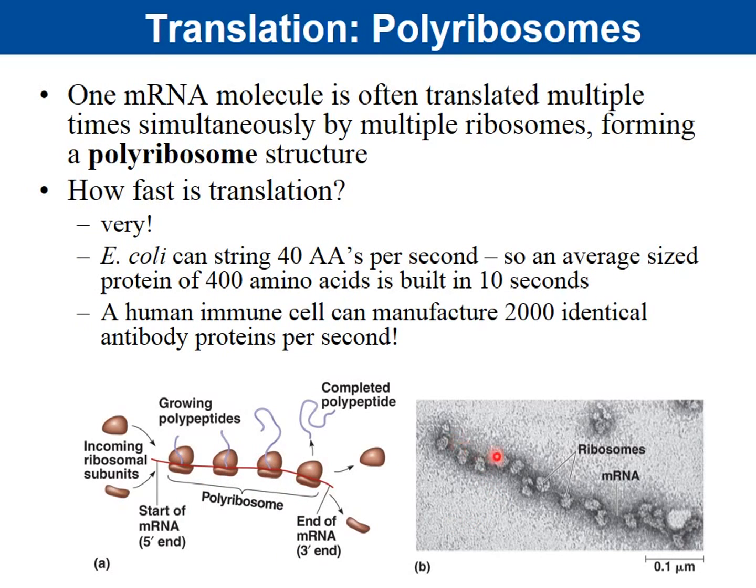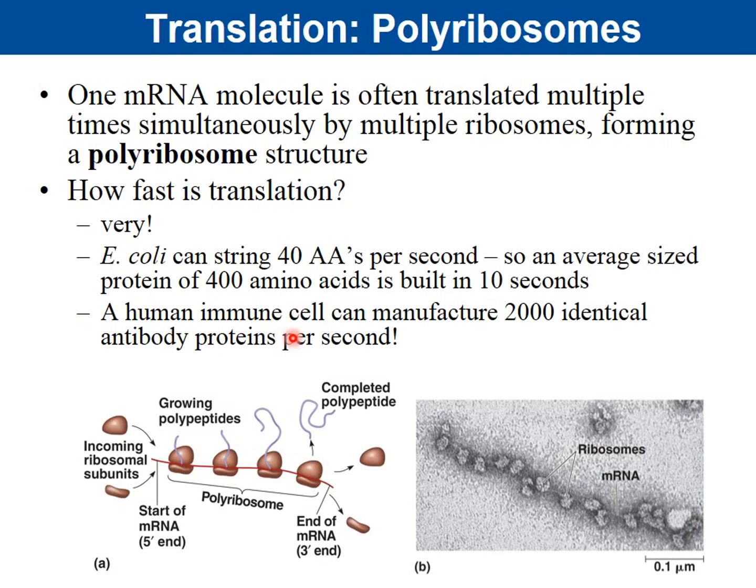Here's an electron micrograph, and you can actually see this. Here you have your mRNA, and all of these little dots are your ribosomes. You can see that there are many, many ribosomes along the length of an mRNA. Because they just move along the mRNA, this allows translation to be very, very fast.